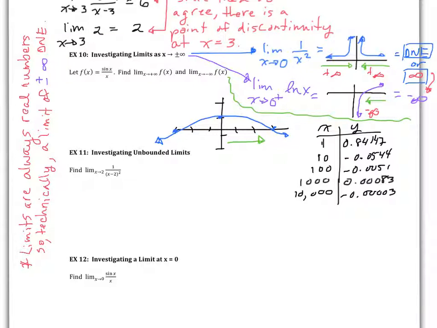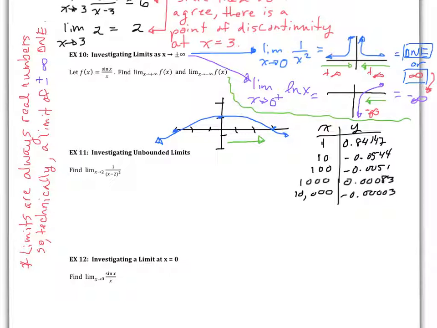True or false? My point is, even though we have this waffling behavior, it's not oscillating. It is still getting closer and closer to 0. As I keep crossing the x-axis up and down, it's getting closer and closer to 0 each and every time. So as I approach infinity, what is the graph getting closer to? What's its limit? 0. So here's how we write that.